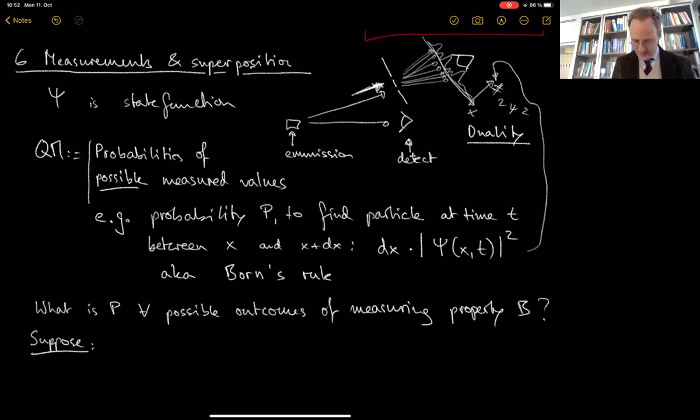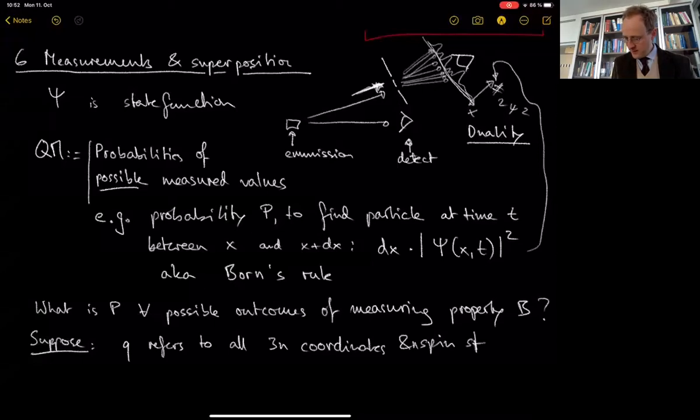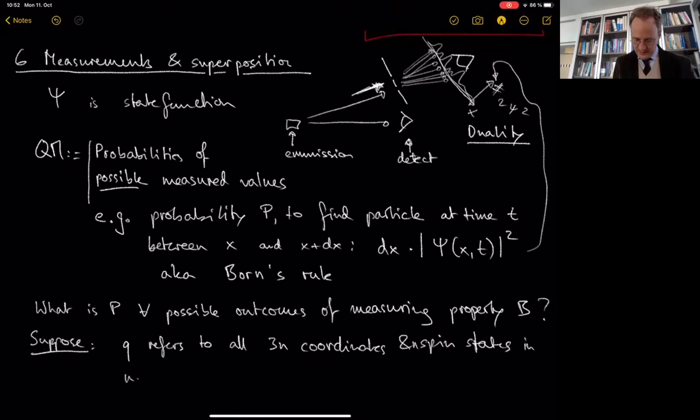So q refers to all 3n coordinates and spin states in an n-particle system.